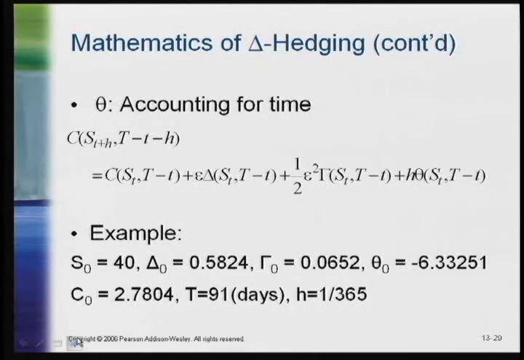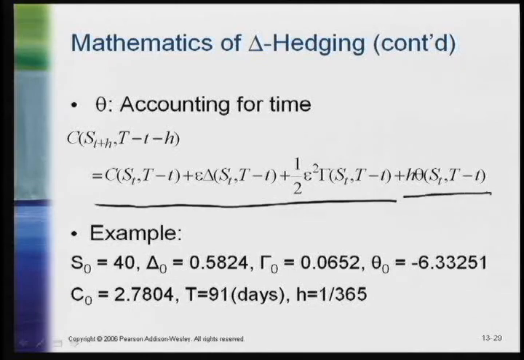So now the next step is to account for theta, because in the same way that prices of the call change with changes in S, they also change with changes in T. That's what theta measures. And now what we're doing is adjusting the Taylor series, which so far only accounts for S, and then we add an adjustment for the time derivative. This would be what is called a multivariate Taylor series.